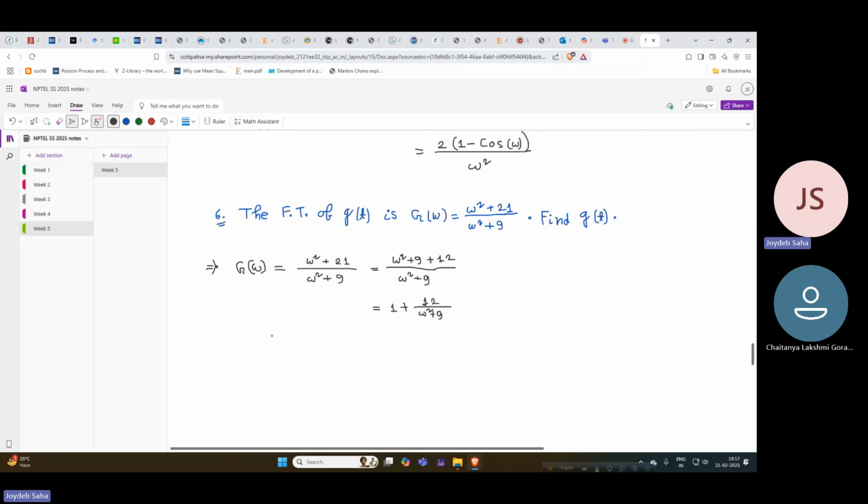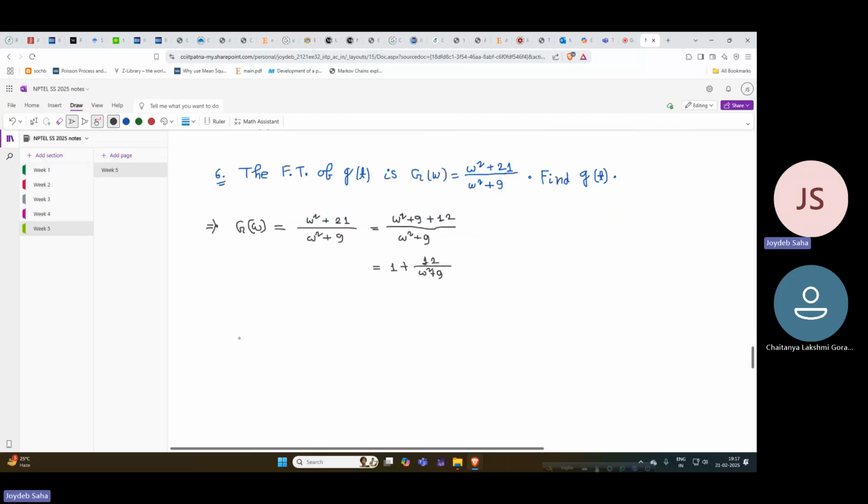Okay, so we know, e to the power minus 3 mod t, its Fourier transform is 6 upon omega square plus 9.